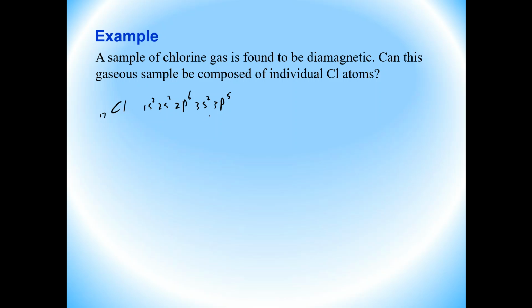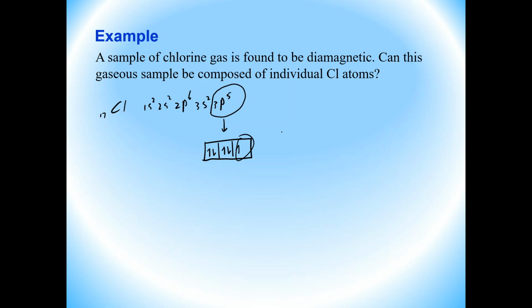And on further examination, if you look at the way the electrons are distributed in the 3p sublevel, remember now there are three 3p orbitals, right? So the way the electrons are distributed is like this: 1, 2, 3, 4, 5, right? So basically, you have one unpaired electron here.